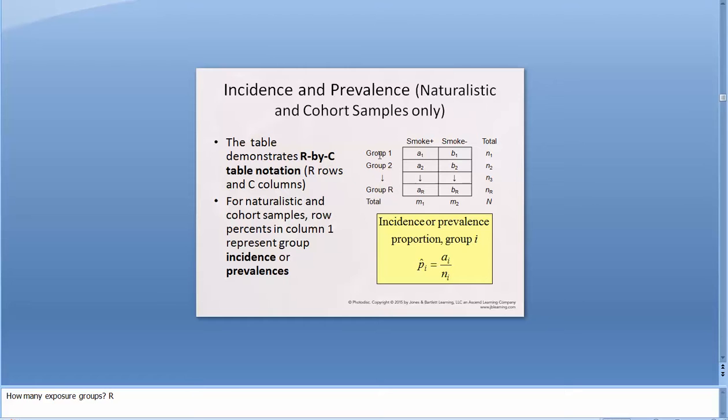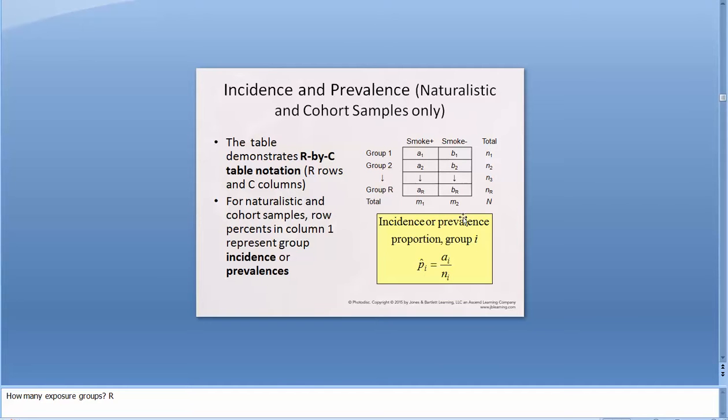In the previous example we had 5 education levels, so R was 5. Here, for the general situation, we will have R different groups, and the outcome, of course, has only two, smoking or not. You can calculate the incidence or the prevalence by the cell count divided by the total.